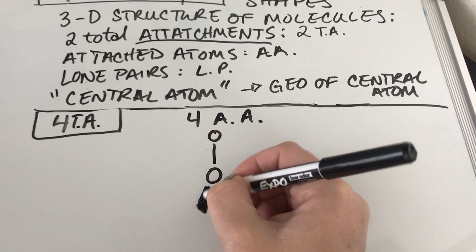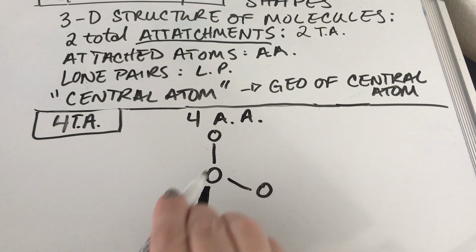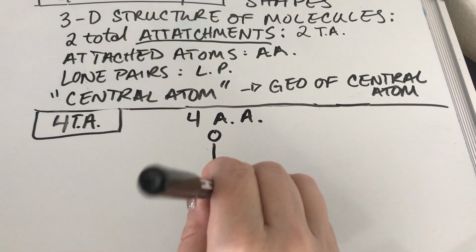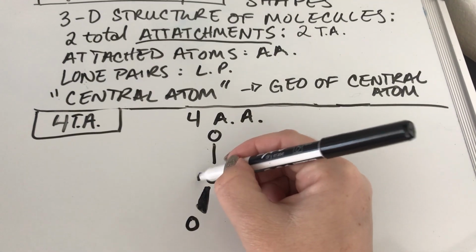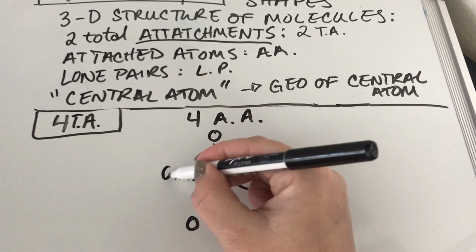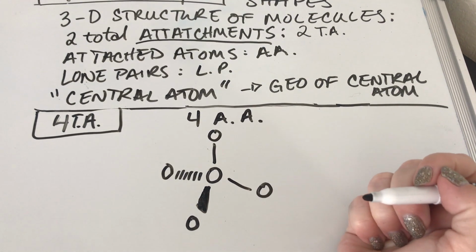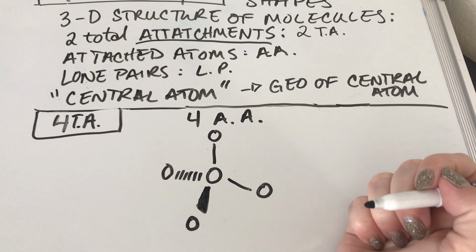This is a wedge I'm drawing, which represents this atom coming out of the board, kind of coming out at you. And these dashes represent going back into the board.